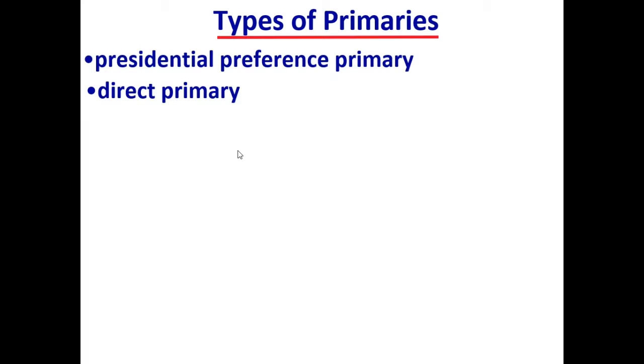So all other offices that are elected on a partisan basis use a direct primary, which means that the vote you cast for candidate A is actually directly a vote cast for candidate A. There's no proxy involved. You've heard that term before, I'm sure, right? That's essentially what's happening in the presidential process when you vote for delegates to a national convention, whether you're aware of it or not.